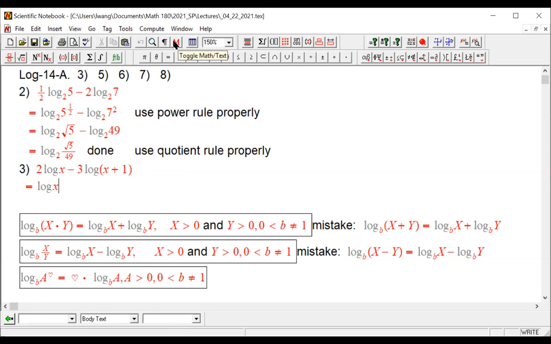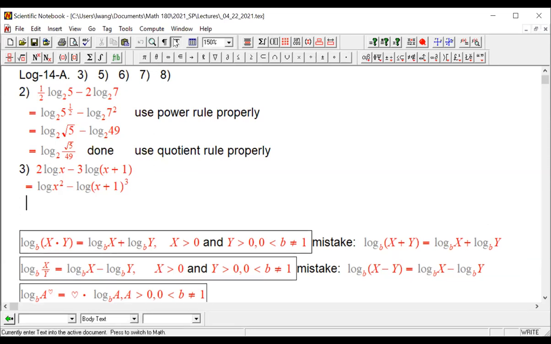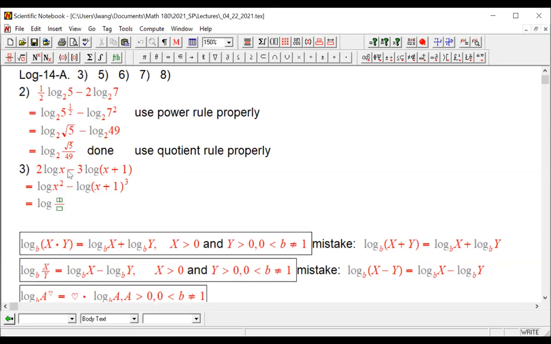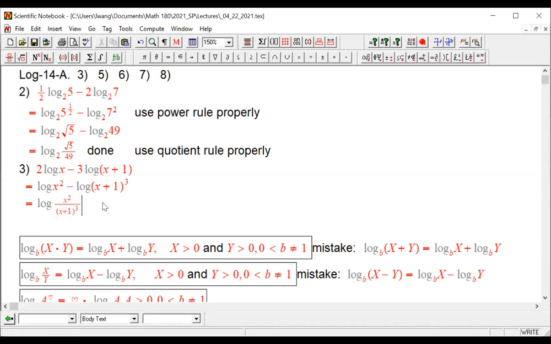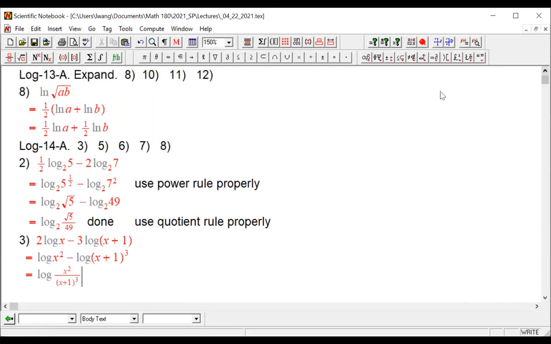You would do log x squared minus a log of x plus 1 to the power 3, and then the quotient rule. So x squared and x plus 1 to the power 3. You're done. We prefer factored form.